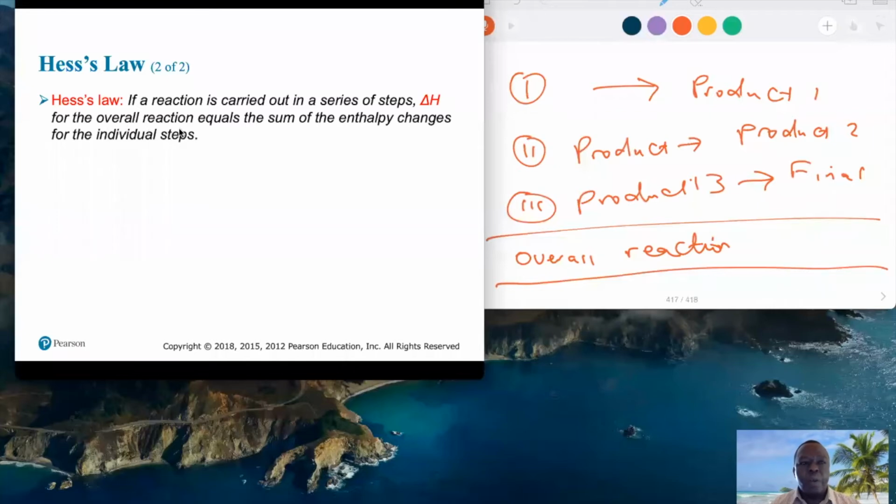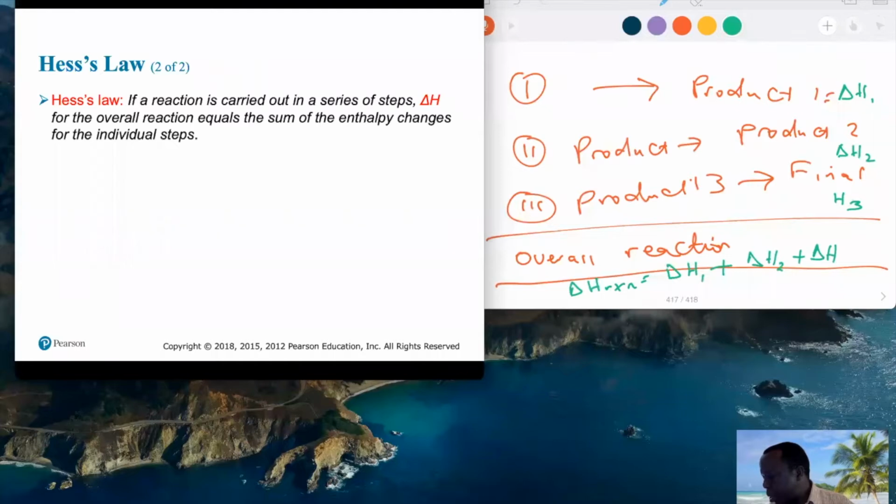That overall reaction is equal to the sum of enthalpy changes for the individual steps. So in other words, let me write enthalpy of reaction 1, enthalpy of reaction 2, enthalpy of reaction 3, so that the enthalpy for the reaction will be given by delta H1 plus delta H2 plus delta H3.